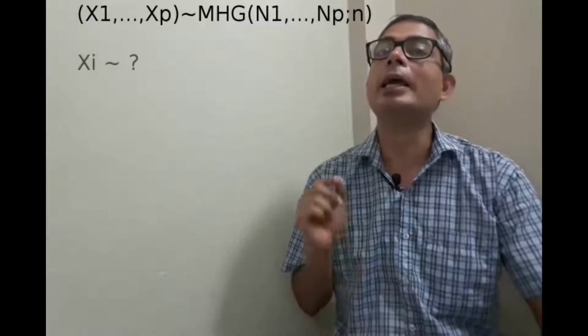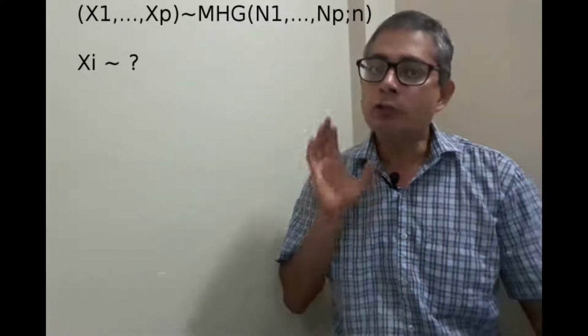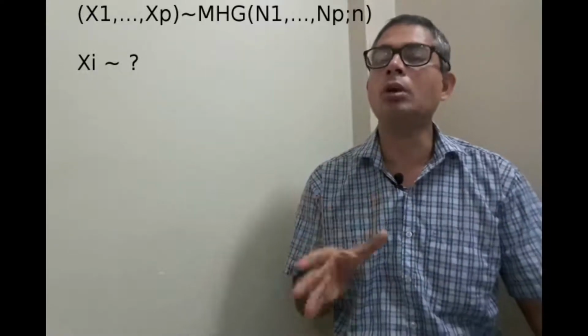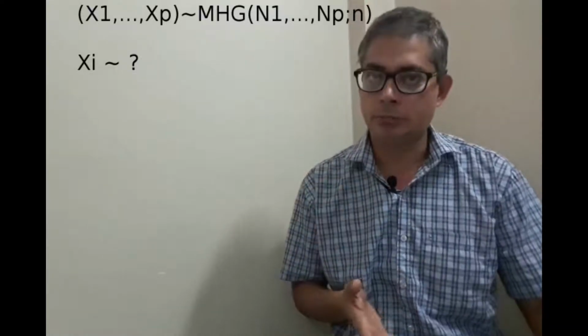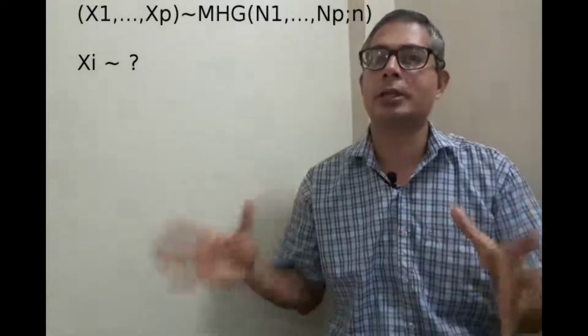Well, again we have the multivariate hypergeometric with N1 to Np and then this little n. Now what is the marginal distribution of each of the Xi's? When we focus our attention on only Xi, it is like we have only two categories, category i and all the rest.